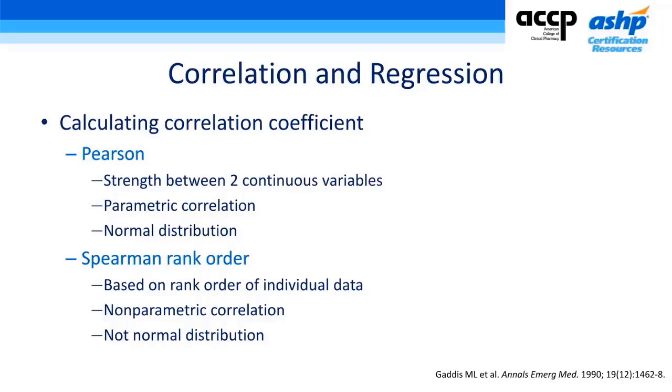Now, the Spearman rank order test is going to be used based on a rank order. So maybe we're thinking here more ordinal type of data. Data that are non-parametric, or if there's a non-parametric correlation, and data that are not normally distributed.